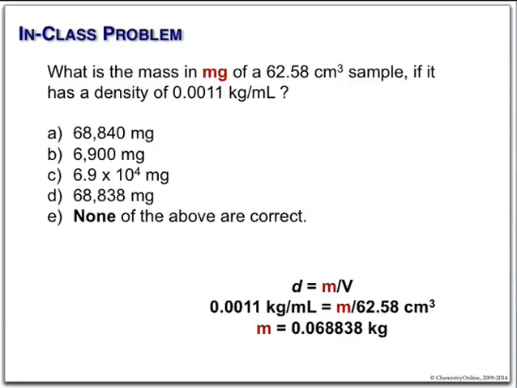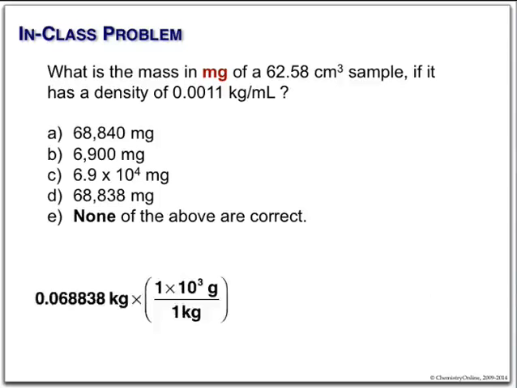If we were to solve this using our ratio method, we would start off with our given. That's what we just calculated as our mass in terms of kilograms. We have to plug in a ratio of some sort. The ratio is going to be between grams and kilograms.